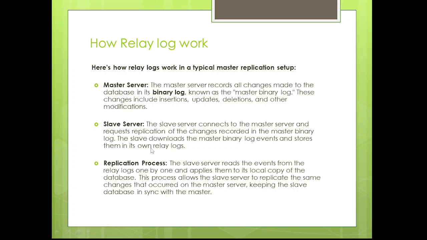The database on the slave server will be updated as what we have in the binary logs, and binary logs are what we have on the master server. So this is how the slave applies these changes with the help of relay logs. This process allows the slave server to replicate the same changes that occurred on the master server, keeping the slave database in sync with the master.